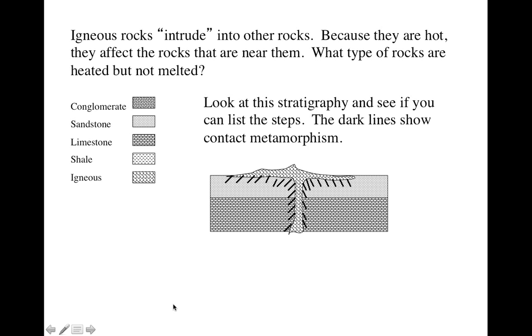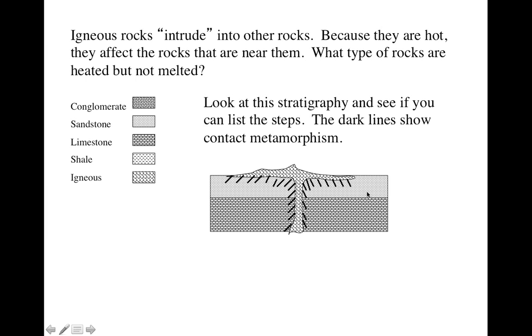Okay, what happened first? Did you say that this layer of limestone got laid down? What happened second? Did you say this layer of sandstone? What happened third? There was something that caused this crack, and then the magma intruded, and it cooled. So this layer of igneous rock is going to be third.